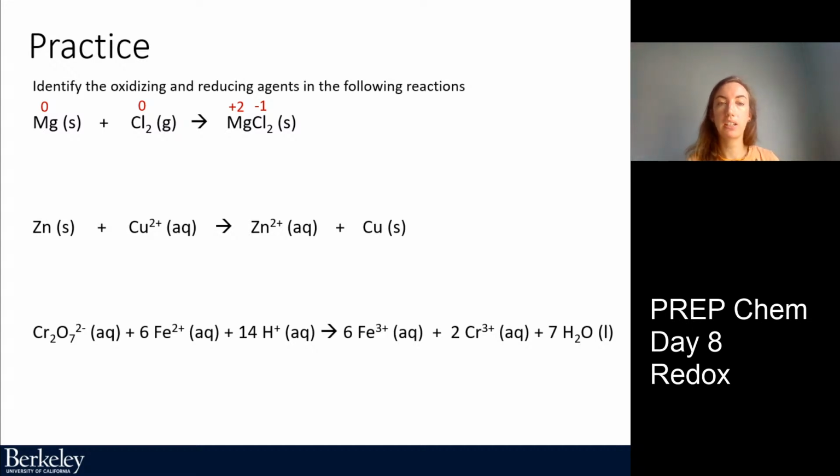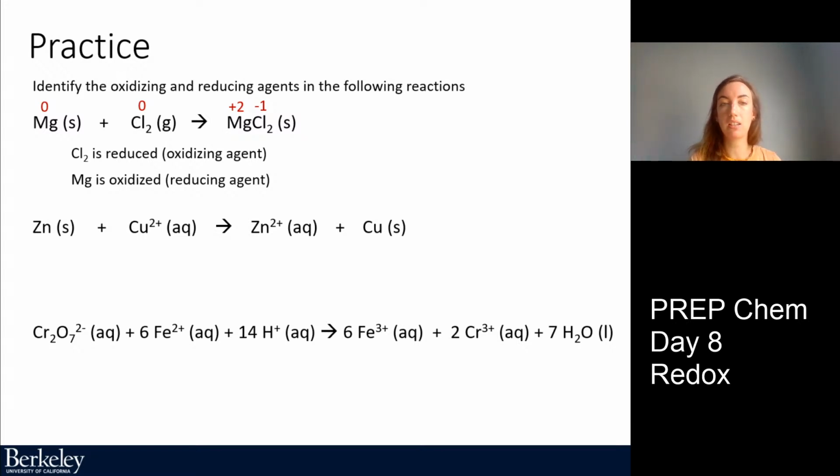Looking at the product side, magnesium is +1 and Cl is -2. So chlorine's oxidation number goes down, so it's reduced and is therefore the oxidizing agent because it is oxidizing magnesium. Magnesium is oxidized because it is reducing Cl2 by giving it its electrons.